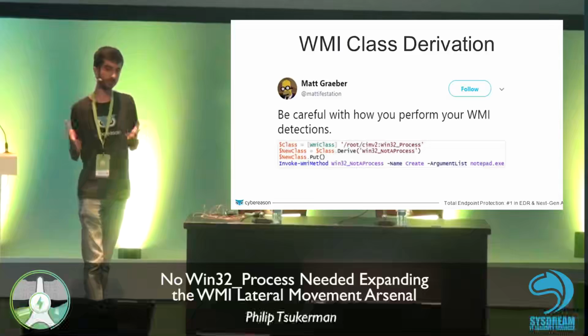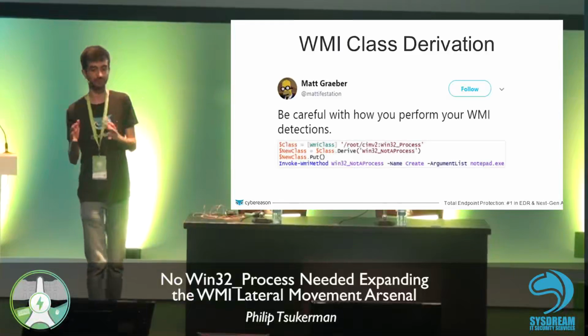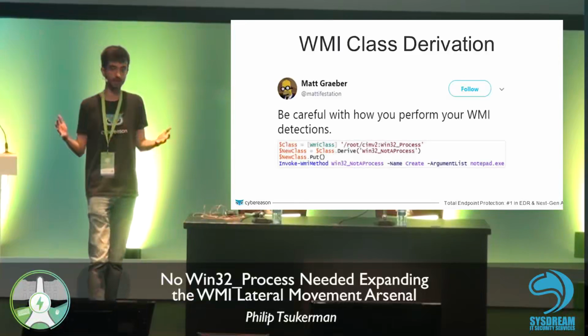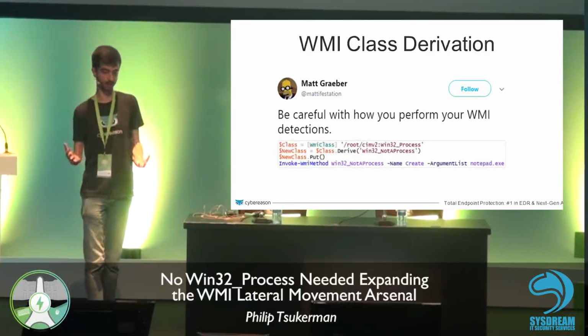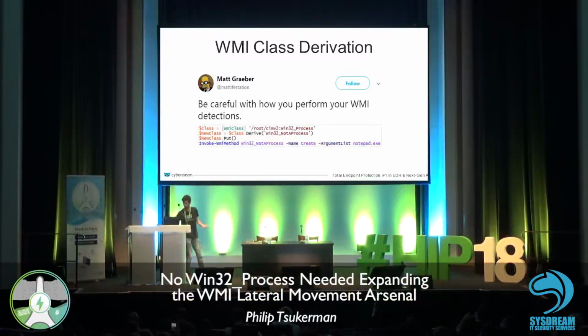And it abuses the fact that WMI is an object-oriented model. And just like every single object-oriented model, it has a class hierarchy. This means we could create a subclass of Win32_Process and use this instead.